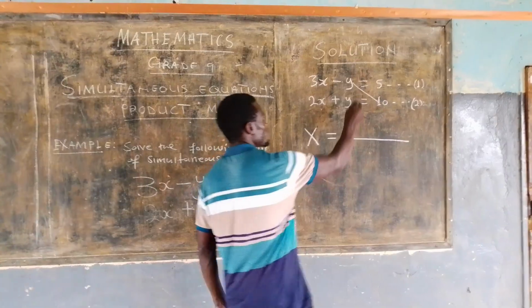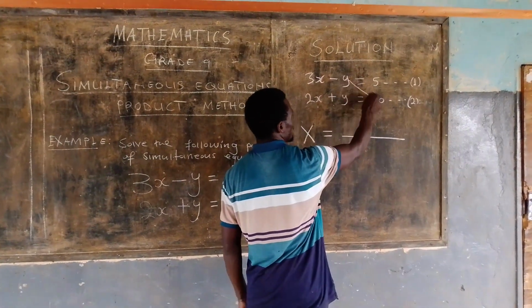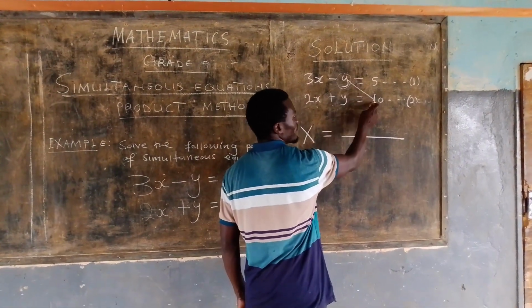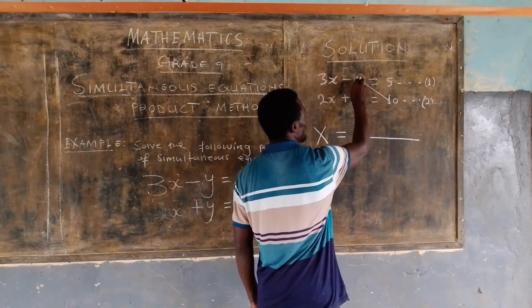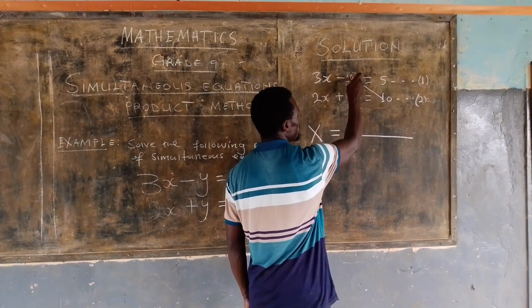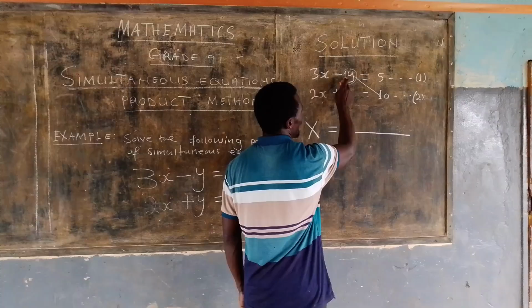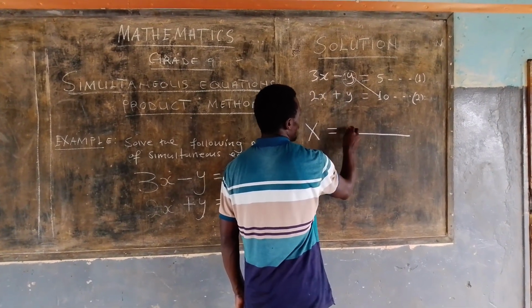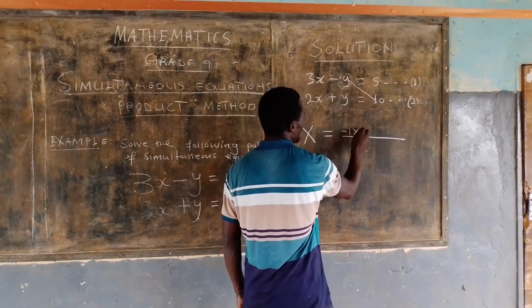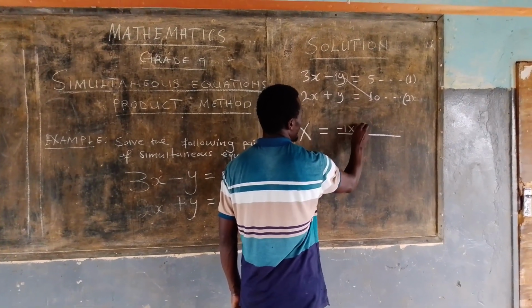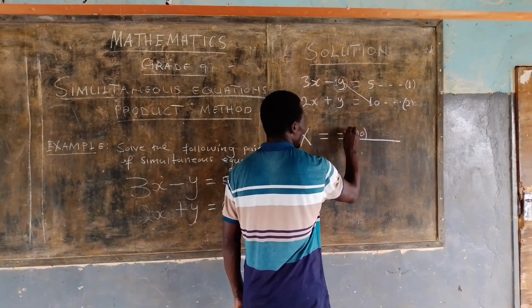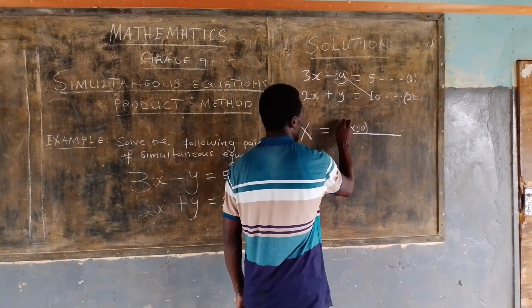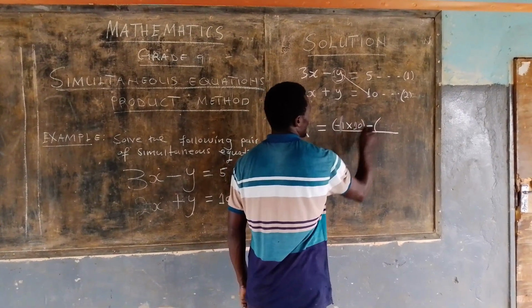So I have to multiply the coefficients of y and 10. A coefficient is actually a number in front of a variable. The number in front of y is not 1, but negative 1. So we have negative 1 times 10. Then always you subtract.